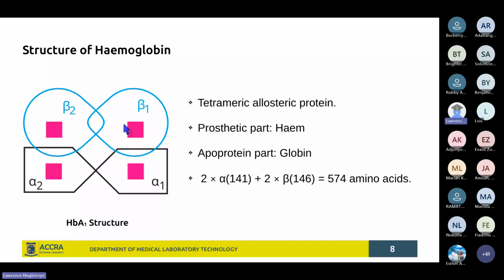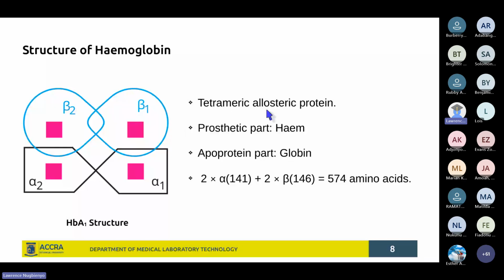Now, these red squares are just depicting the prosthetic part of this molecule. That is the heme. So the heme is what I was talking about earlier as an allosteric part. And so you can refer to the structure of hemoglobin as a tetrameric allosteric protein.